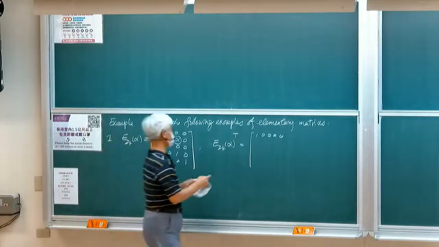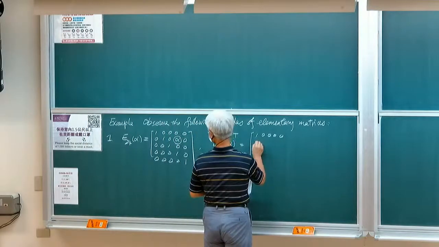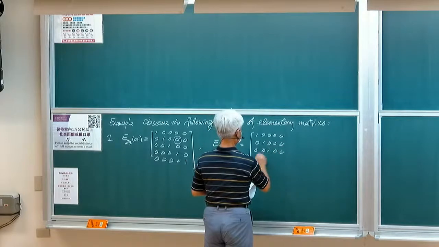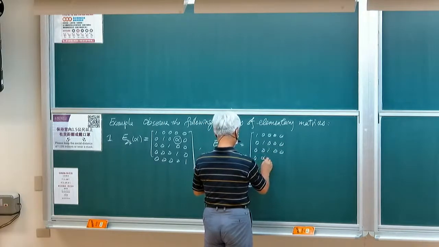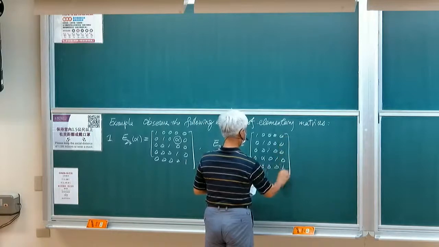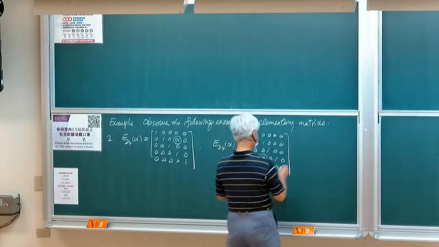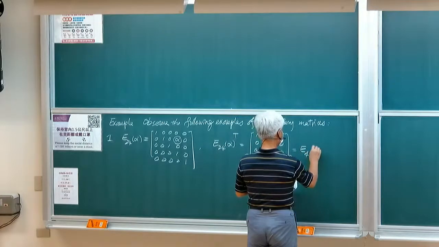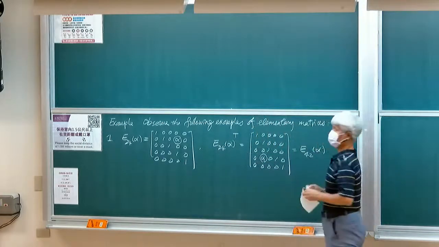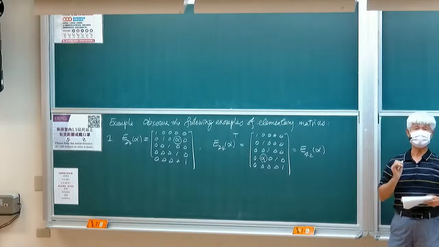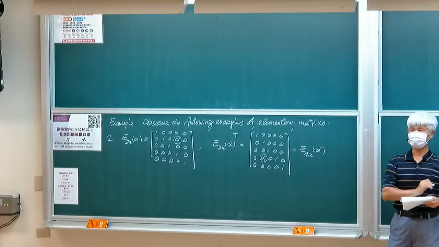Okay, so it goes to here, and we find that this is actually another elementary matrix corresponding to a different replacement row operation.